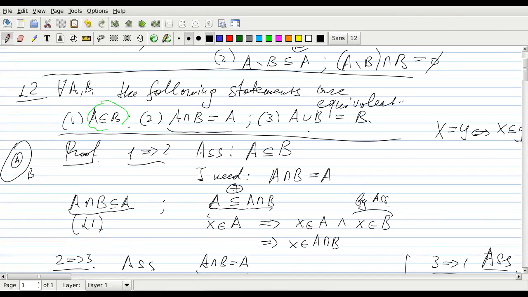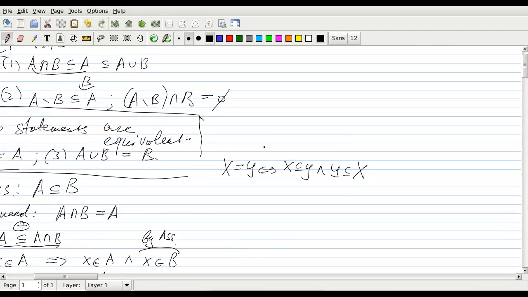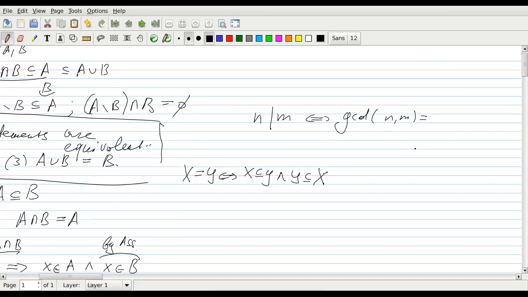And in fact, this lemma, we shall see it later, is similar to the following fact. N divides M if and only if the greatest common divisor equals what? N. Surely.